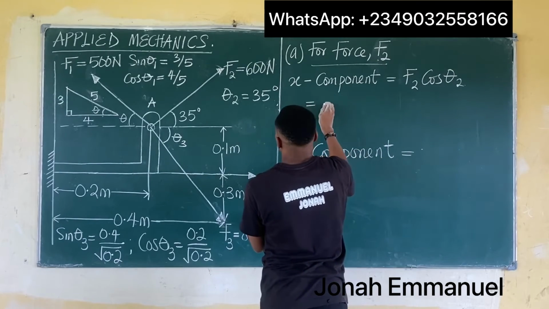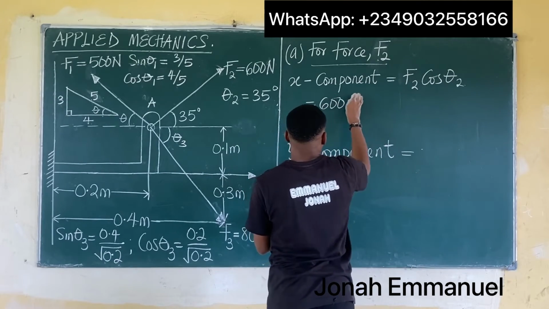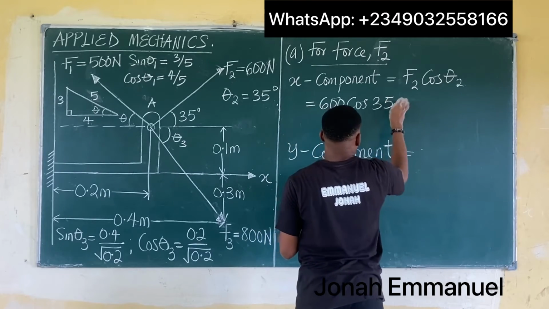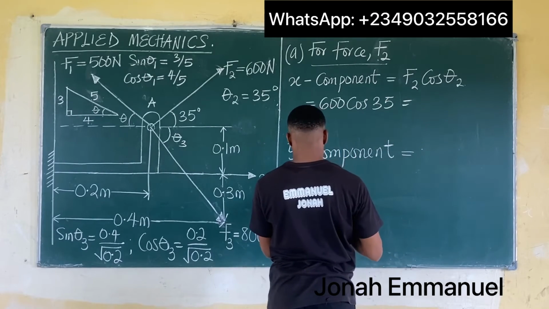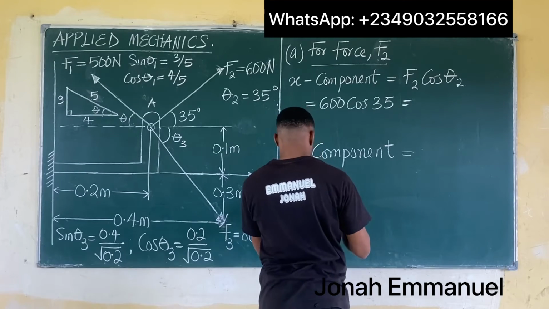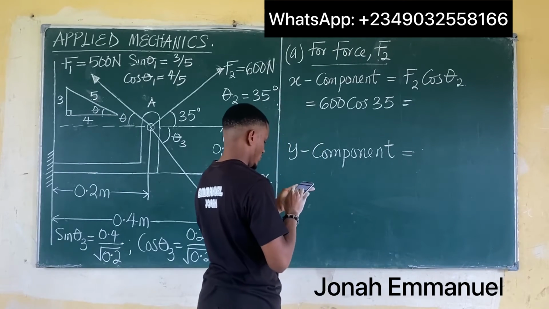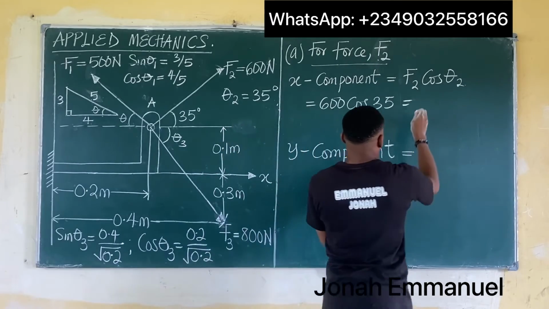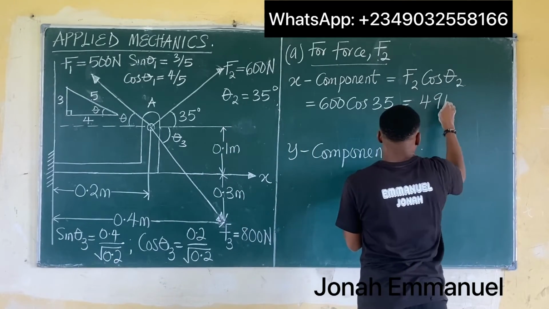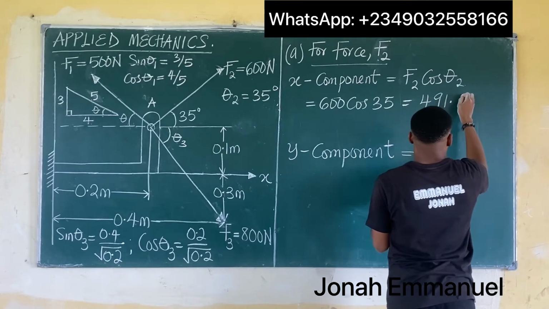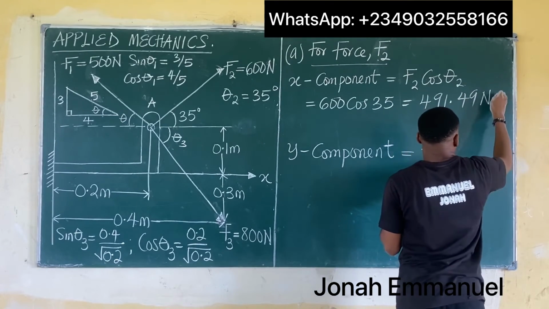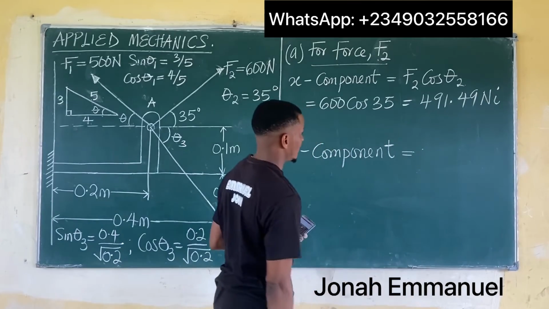And that's equal to 600 cos 35. Punch this up: 600 cos 35 is 491.49, in 2 decimal places.